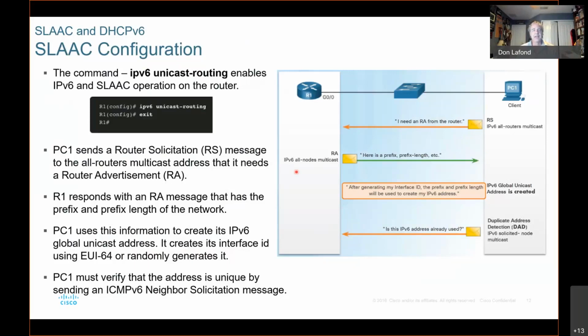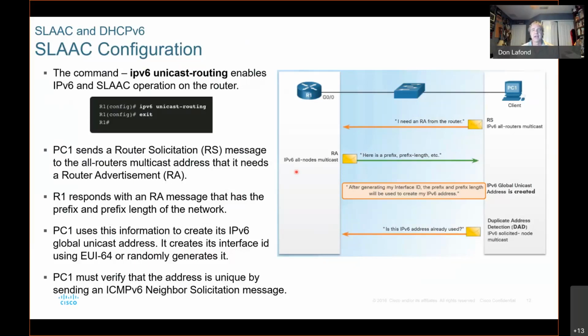Now, the last step is PC1 must verify that the address it created is unique. It does this by sending an ICMPv6 neighbor solicitation message. This is called DAD, duplicate address detection.